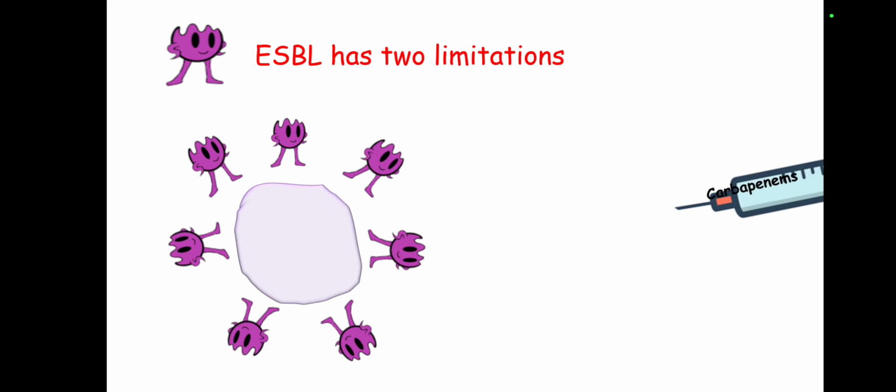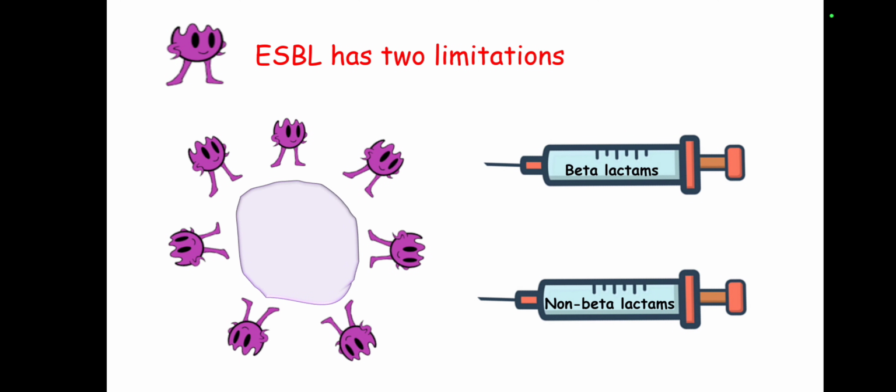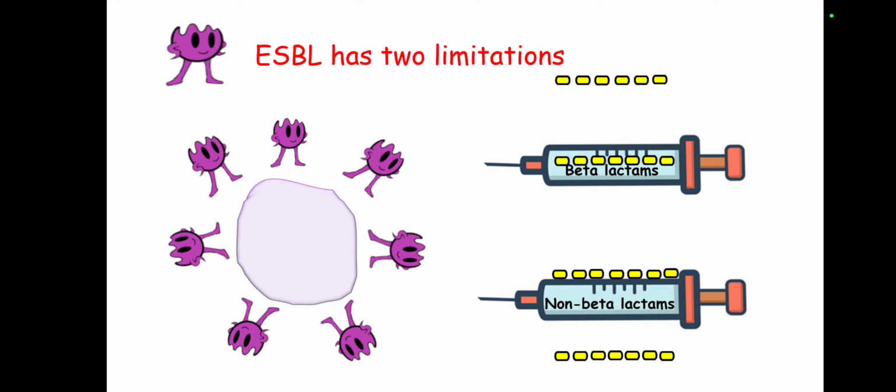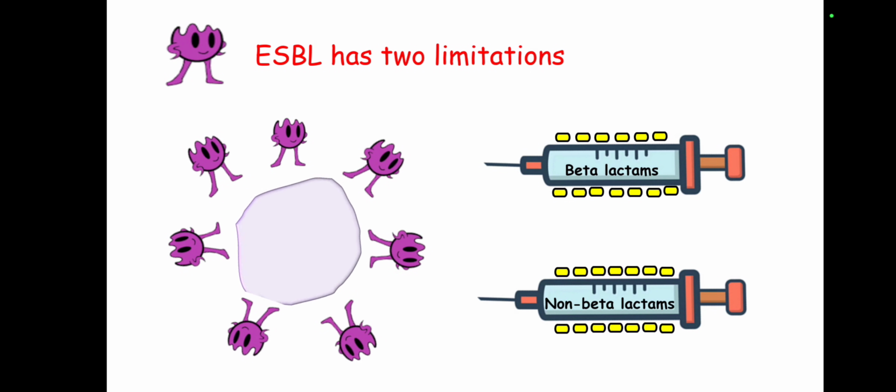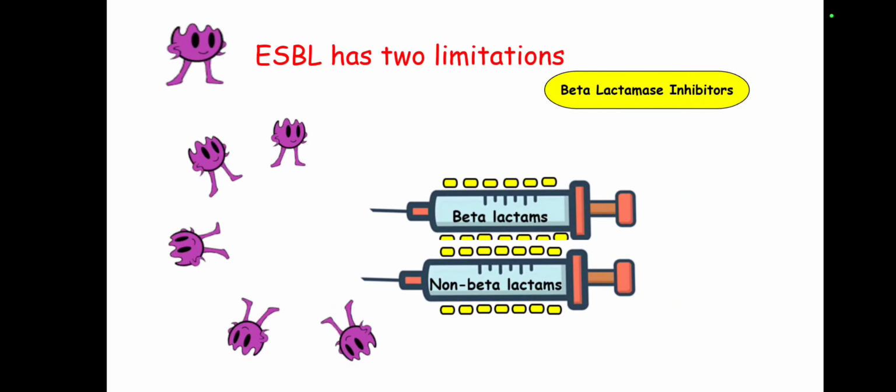But you know, this ESBL has two limitations. First thing is, it cannot break carbapenem. So whenever you give carbapenem, it can inhibit the Klebsiella producing ESBL. Next thing is, if we give beta lactams or non beta lactams along with the beta lactamase inhibitors, even they can inhibit these kinds of bacteria. So we have the advantage of these two properties.